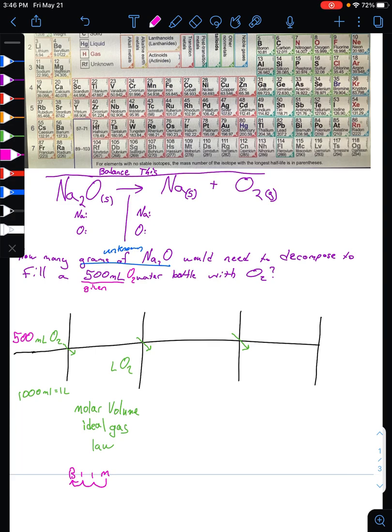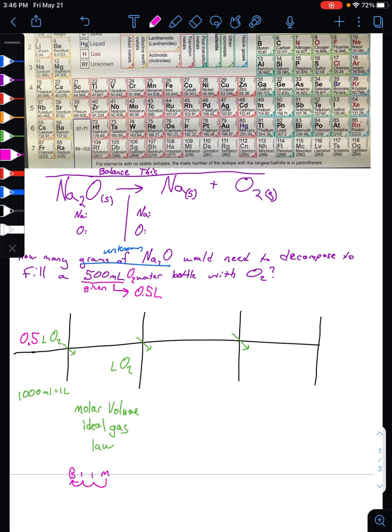So I can go 1, 2, 3, put my decimal right there. Ends up with the same answer, right? Half a liter. 0.5 liters. Milliliters to liters, 0.5 liters. All right, that works now.